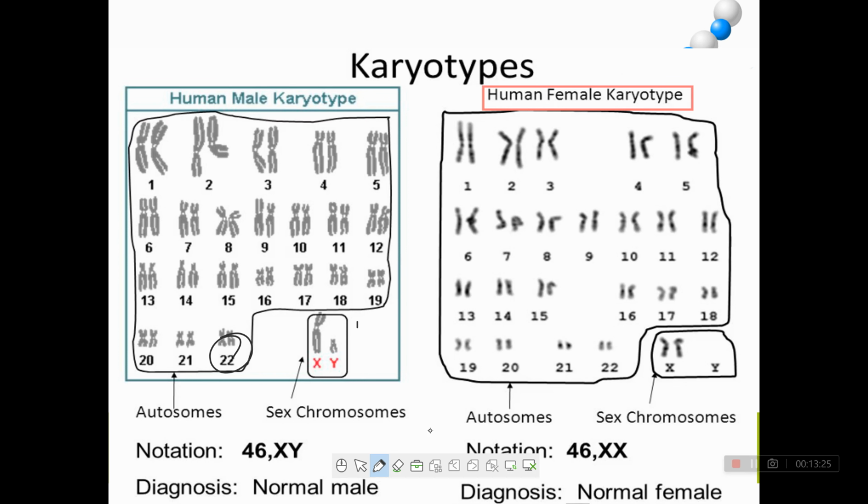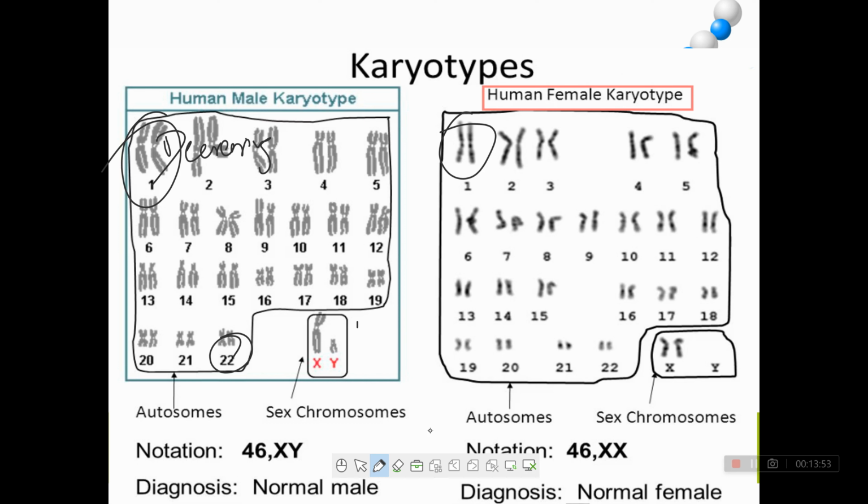Here is the arrangement of the chromosomes according to decreasing size. The first chromosome is the longest, and after that we see a decrease in size, right?